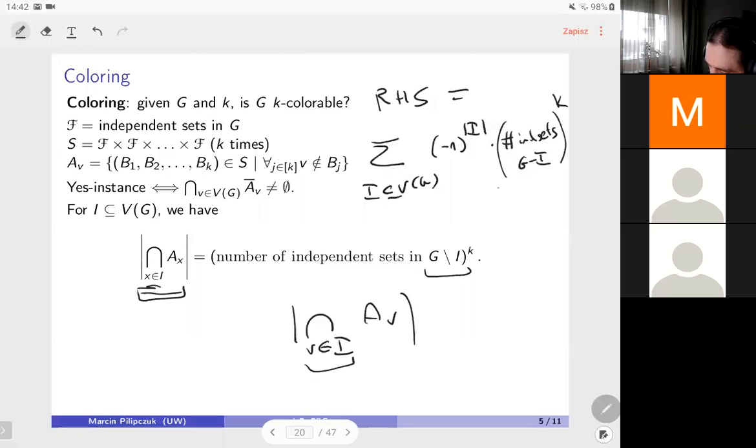And this is something that, by the previous Moser-Moon thing, is computable in time 3 to the (n minus size of I) over 3.